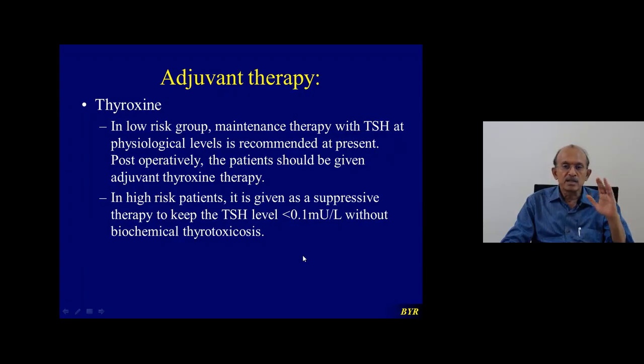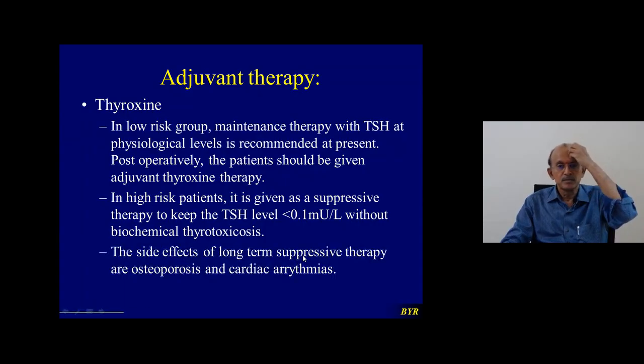Your intention is to block the TSH because the tumors are TSH dependent tumors. If you block the TSH, the tumor will never regrow. That means the chance of recurrence will be almost negligible. The side effects of long-term suppressive therapy are osteoporosis and cardiac arrhythmias.